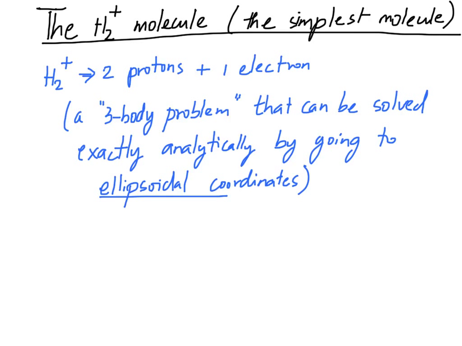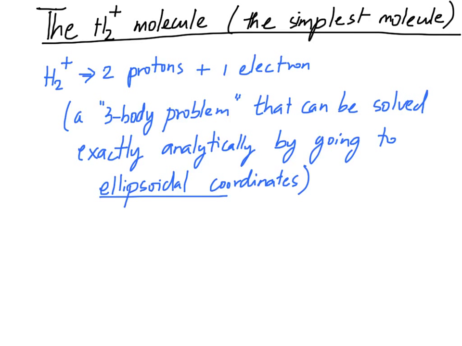One of them purely involves the electron moving in a potential created by two fixed protons, and the solution of the other equation merely gives us the electrostatic interaction between the two protons.